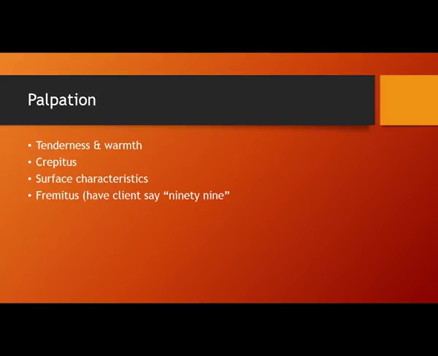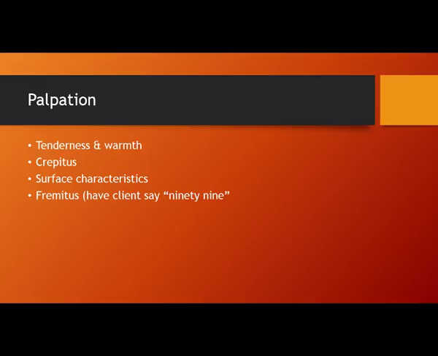Then also palpate for fremitus, and the book recommends using the heel of your hand for that because it's a vibration that you're feeling for. You have them say 99, 99, keep repeating 99, and you palpate systematically over the whole chest.